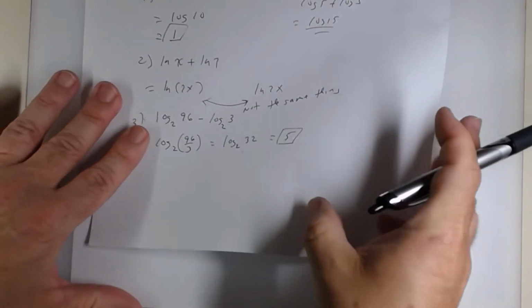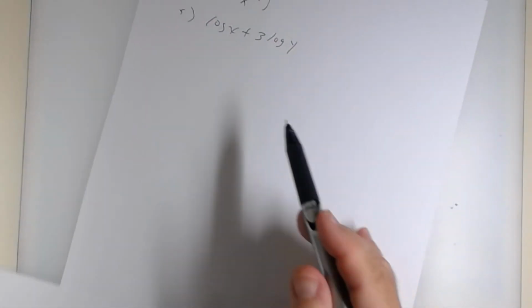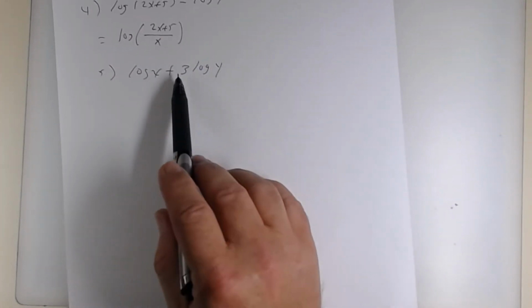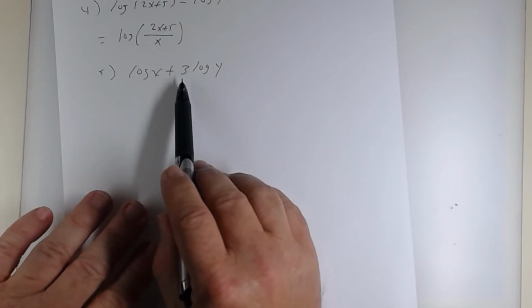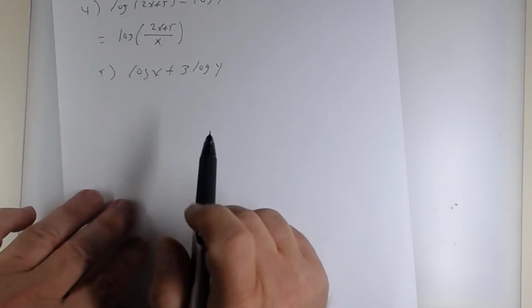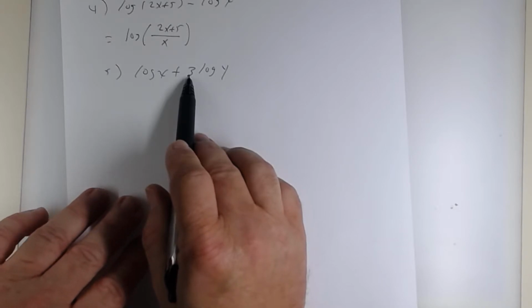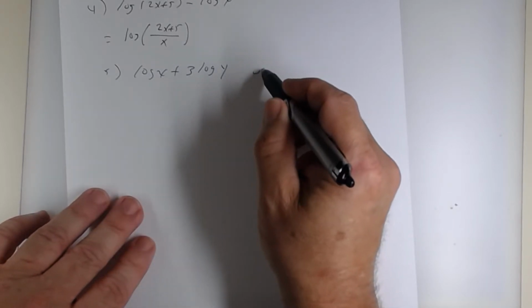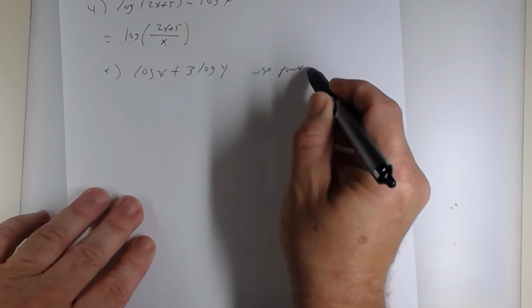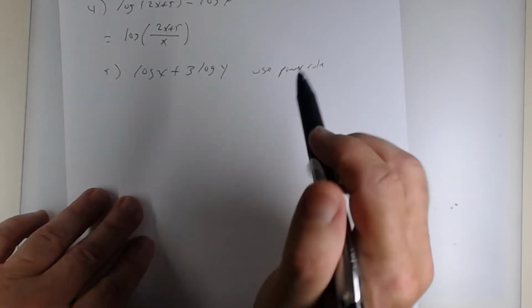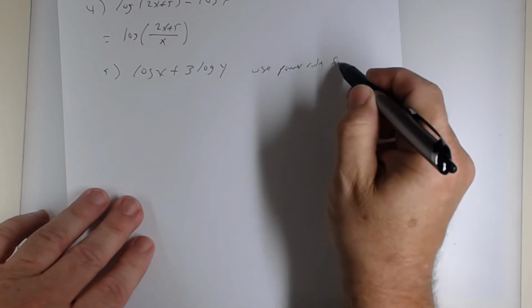Here, I cannot use the product rule right away. Why can't I go directly to the product rule? Because the coefficient here is not 1. So I have to use the power rule first. In order to use those properties, those coefficients have to be 1s.